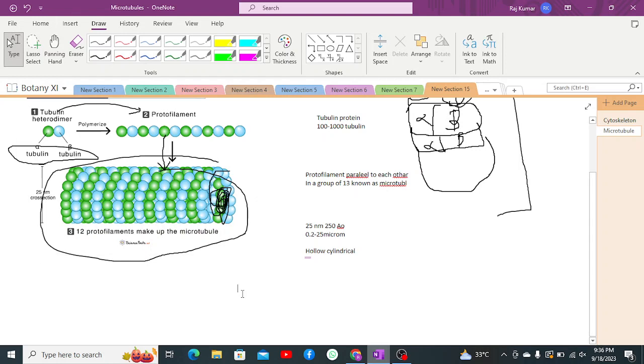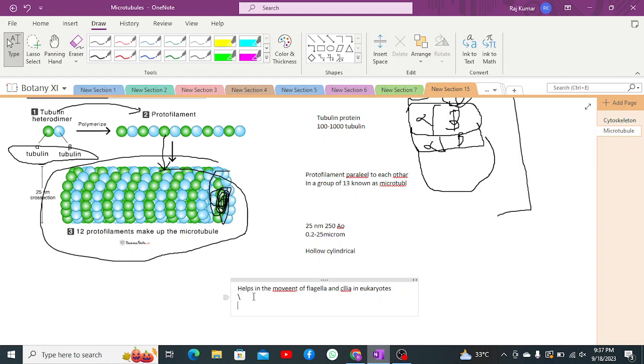First of all, microtubule is a structure which helps in the movement of flagella and cilia in eukaryotes. It helps in such a manner that the flagella, cilia, basal body, centrioles are all made up of microtubules.